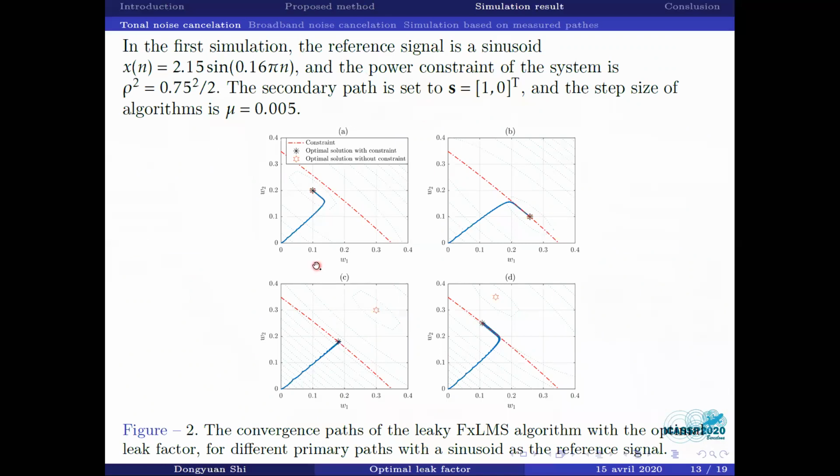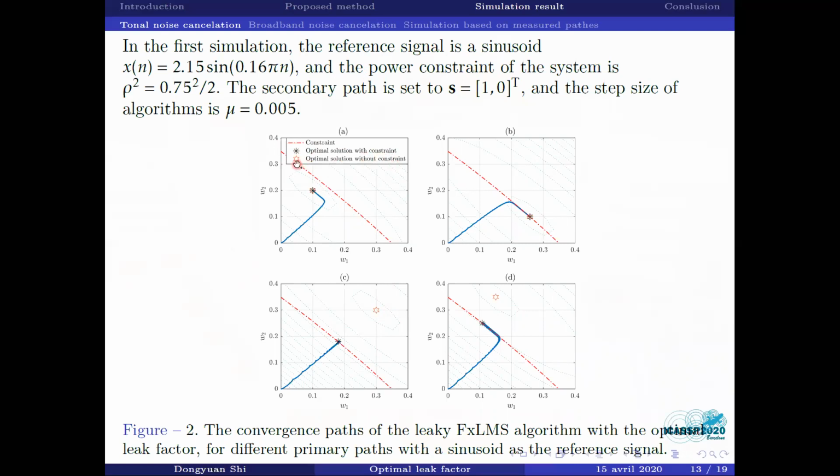Figure 2 shows the convergence path of the leaky FXLMS algorithm with the optimal leak factor for different primary paths. In the figure, the red dashed line refers to the output constraint, the black dot denotes the optimal solution with constraint, and the red star stands for the optimal solution without constraint.